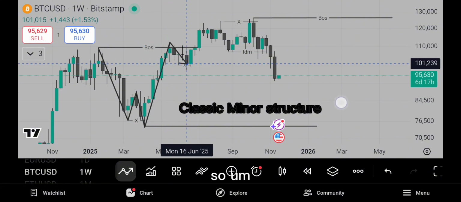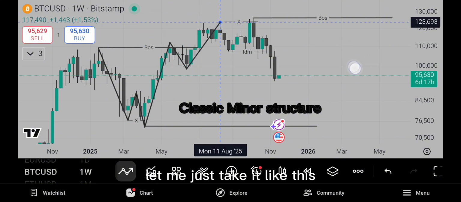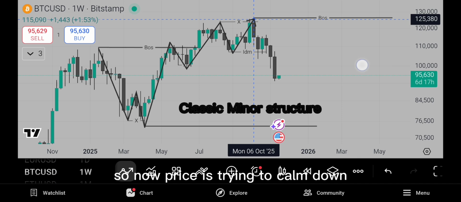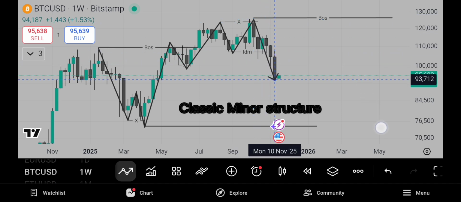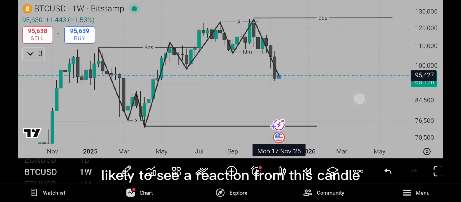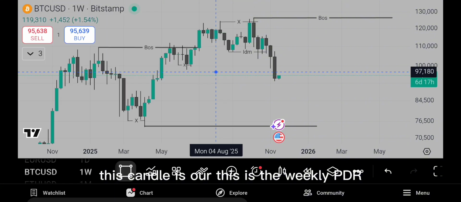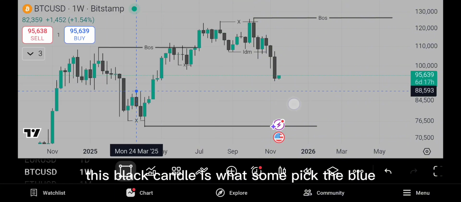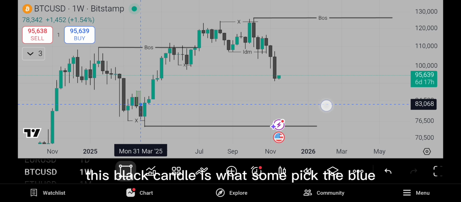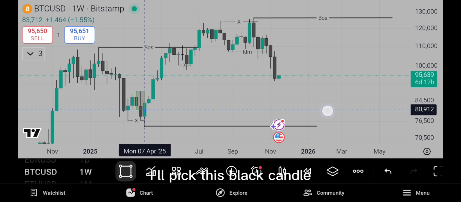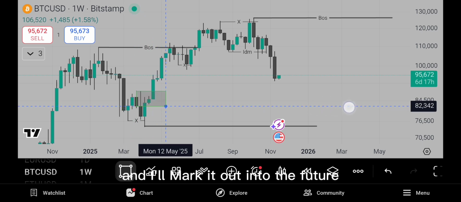So let me just take it like this. So now price is trying to come down. We are most likely to see a reaction from this candle. This candle is the weekly PDRA. This black candle is what some pick, the green candle, but me, I'll pick this black candle and I'll mark it out into the future.